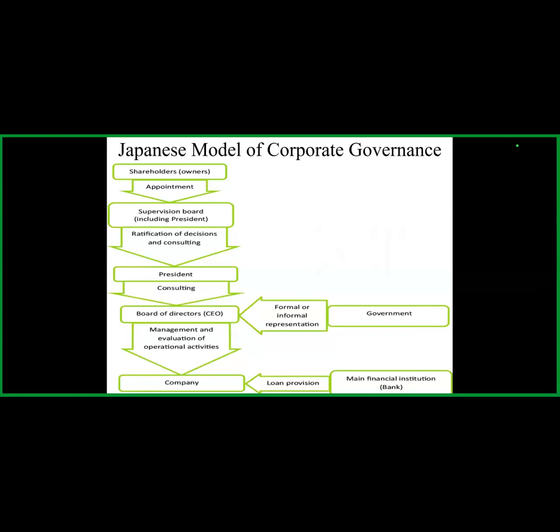Company has decided that it will go for expansion. The company is manufacturing four-wheelers in Japan. Now the company decides that it will also start its manufacturing facility in India. The company is going for expansion because the company feels that there is a very good market, a very vast market in India.